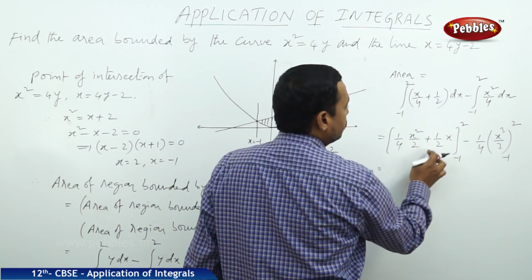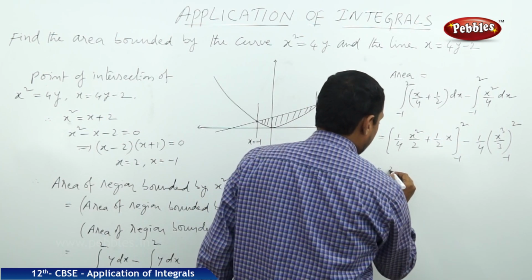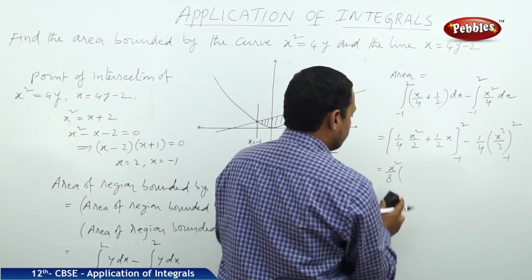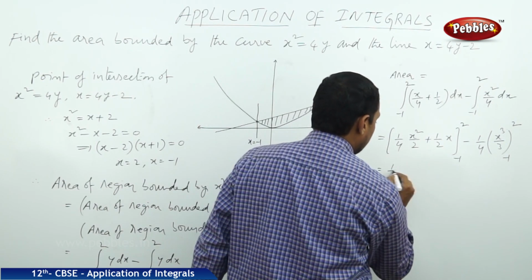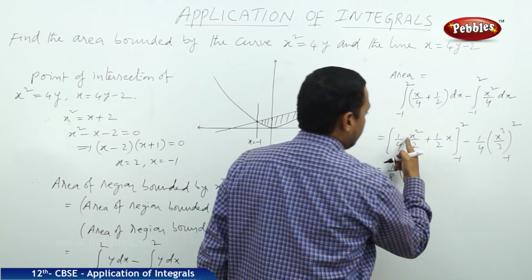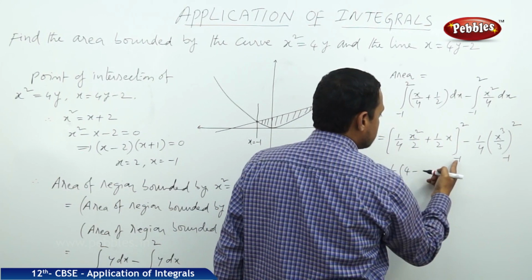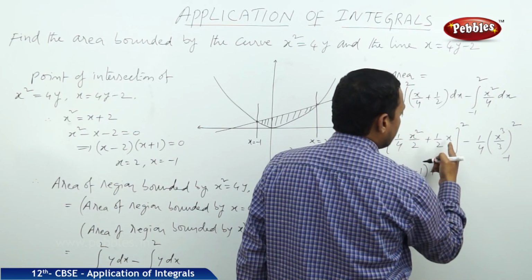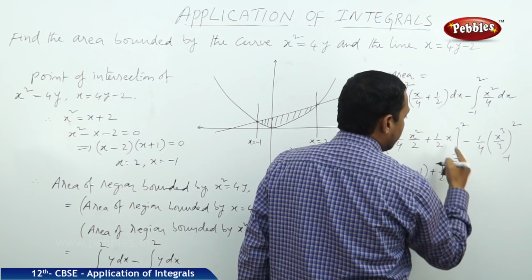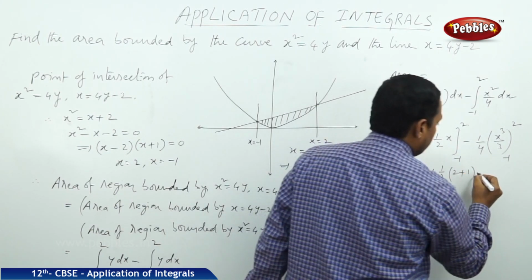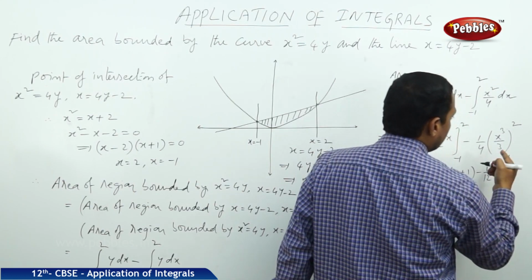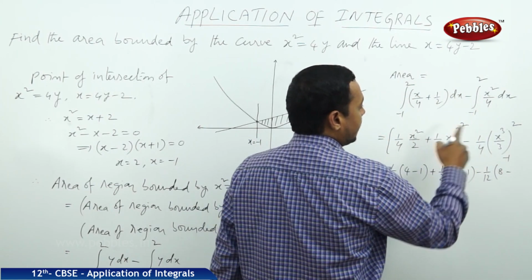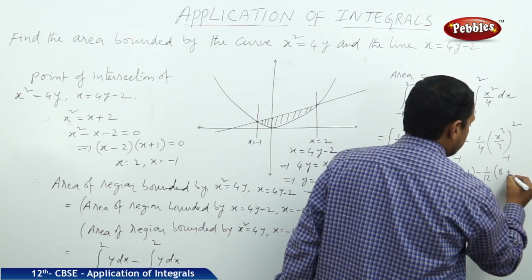Now substitute the upper and lower limits here. x square by 8, it is 1 by 8, sorry, 1 by 8 into, now substitute the upper limit first, 2 square is 4 minus minus 1 whole square, that is 1, plus 1 by 2 into 2 minus of minus, plus 1, minus 1 by 12 into, substitute the upper limit here, 2 cube is 8 minus minus 1 whole cube is equal to minus 1, that is minus of minus, plus 1.